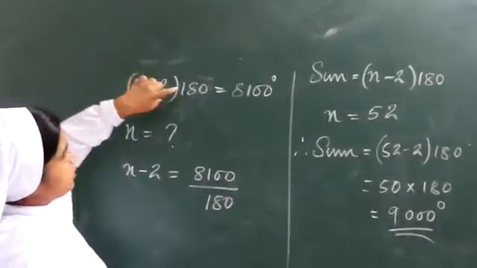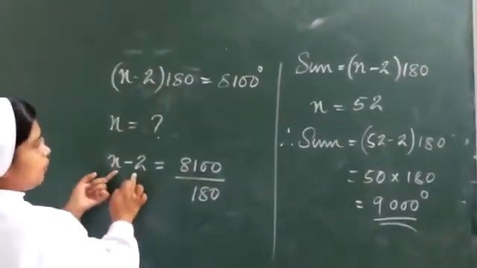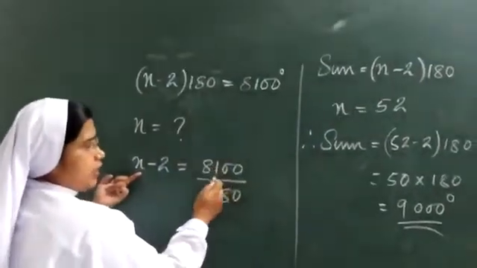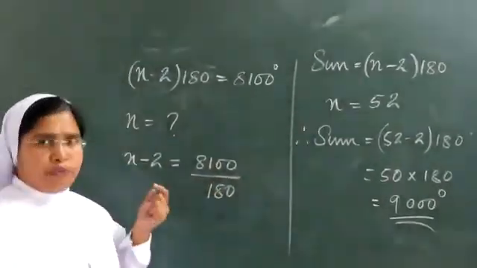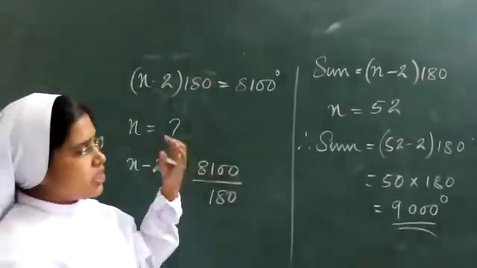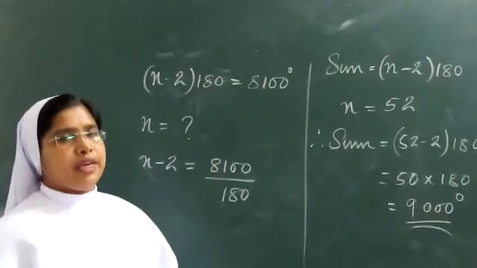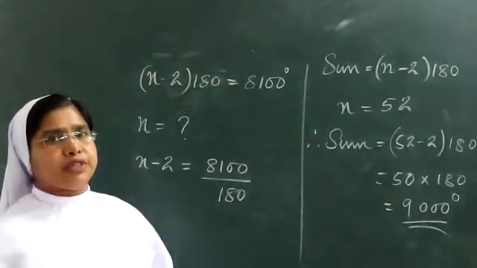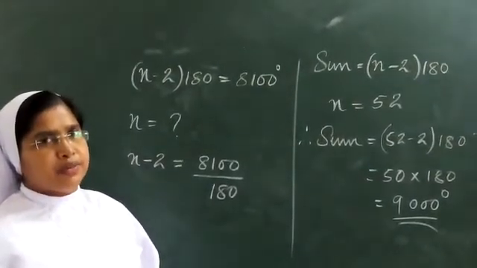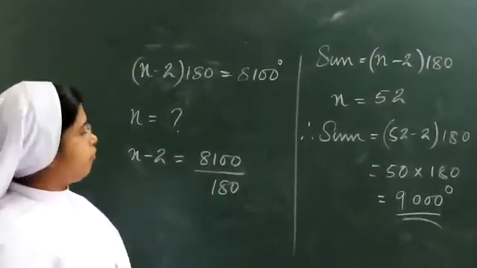So in order to find n minus 2, I have to take 8100 divided by 180. And I said just before that the sum of the angles will always be a multiple of 180.